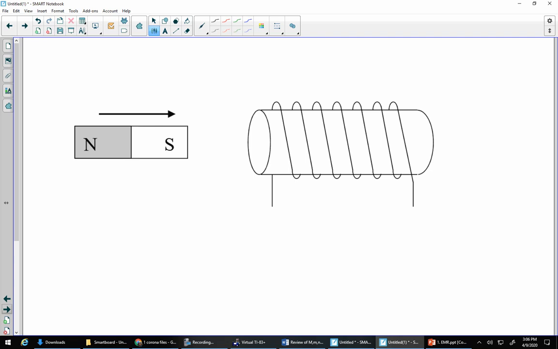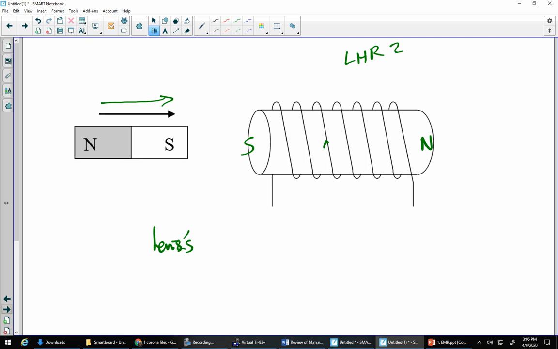So maybe a bit of review here, why not? The magnet is moving this way. We're kind of looking at Lenz's law. Lenz's law was always fight the motion, right? So if I need to fight this motion, I need a south pole here, therefore I need a north pole here. So thumb, again, left hand rule 2, my thumb should be pointing towards the left.